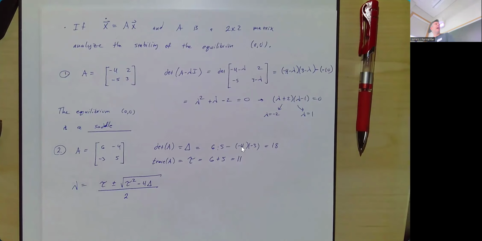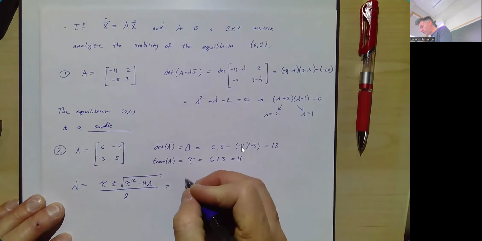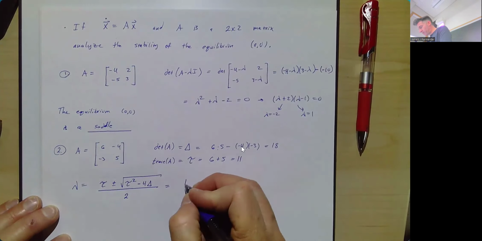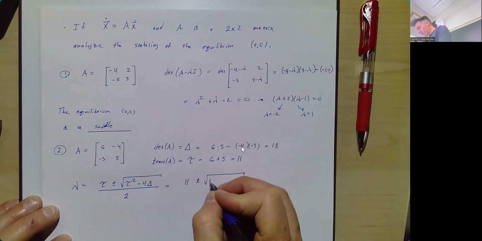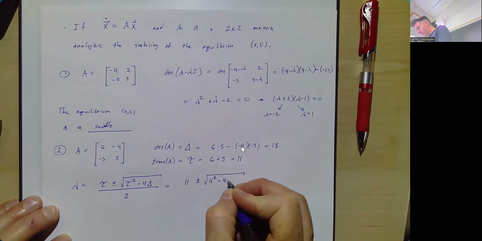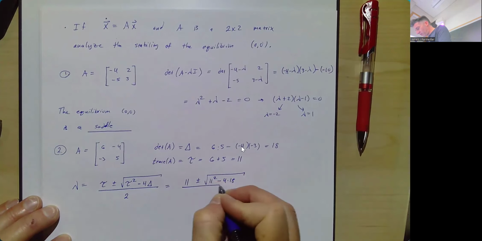Sometimes I will say, I don't know if I agree with the statement, but sometimes doing it this way feels easier. So in this case, we're going to get the trace, which is 11, plus or minus the square root of 11 squared minus 4 times 18, all over 2.